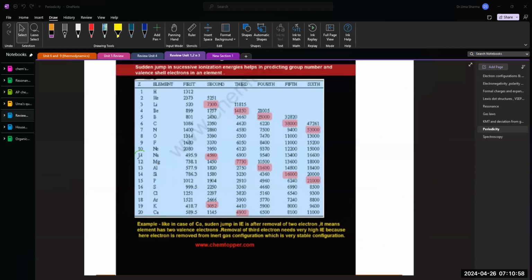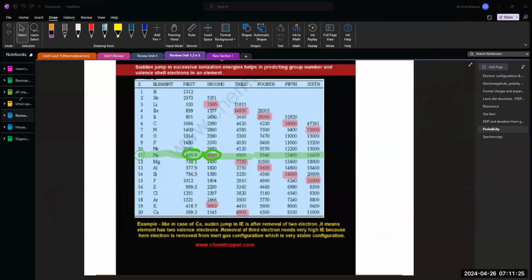Sodium is here. I'm highlighting it. Can you see first, second, third? When I'm going from first ionization energy, is it visible, children? This one, first, to second.